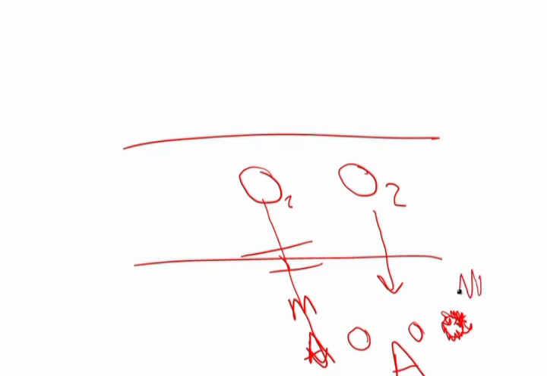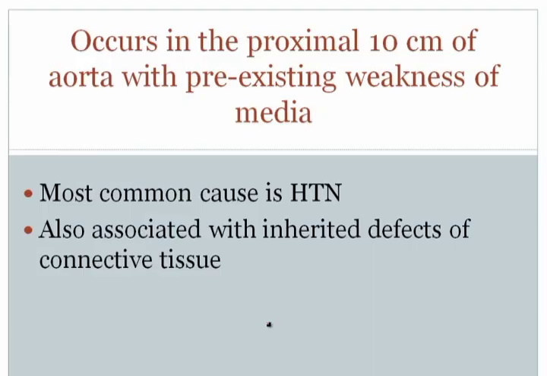That's then going to result in atrophy of the smooth muscle out here, which will result in weakening of the media so that a dissection can occur. So that's a very high yield association, and that's the easiest way to understand why hypertension is the most common cause of an aortic dissection.